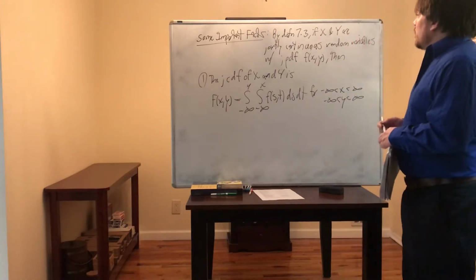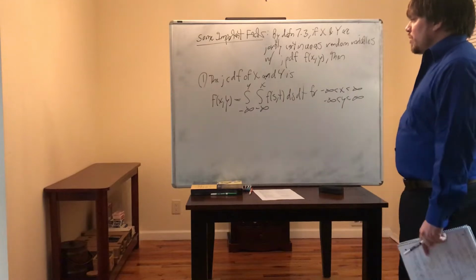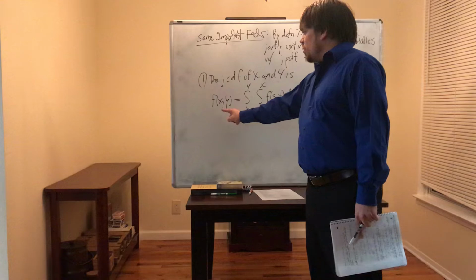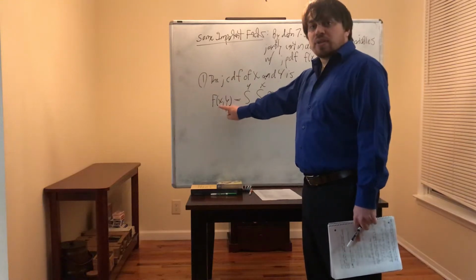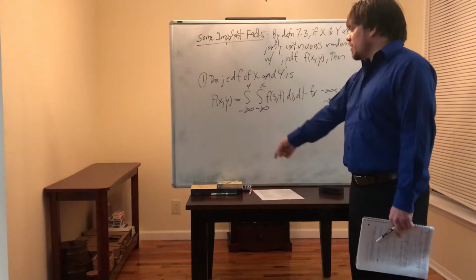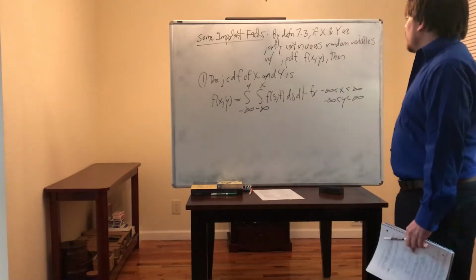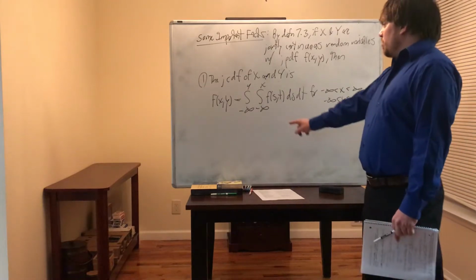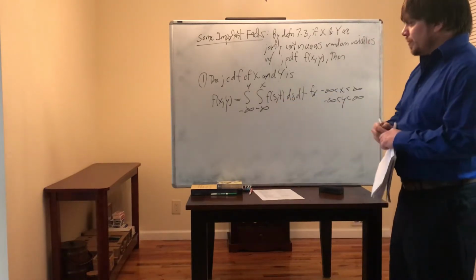Okay? So we have a continuous random variable here, and so if you want to know the probability that our variable capital X is at most little x and our capital Y is at most little y, you're going to integrate from negative infinity to x and negative infinity to y of your joint probability density function, little f there.